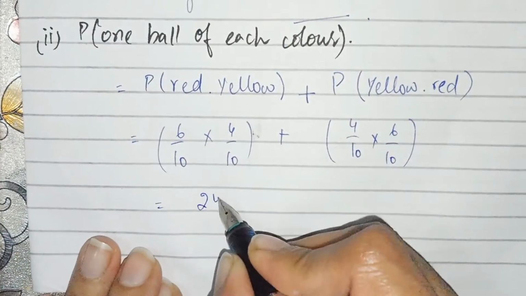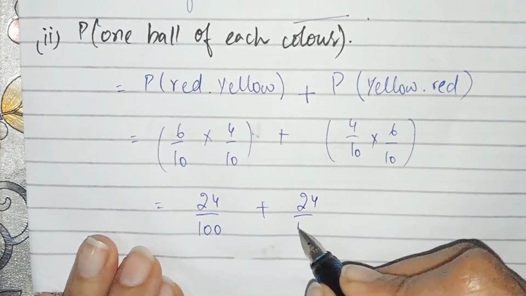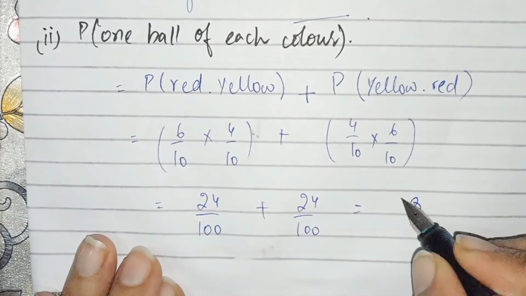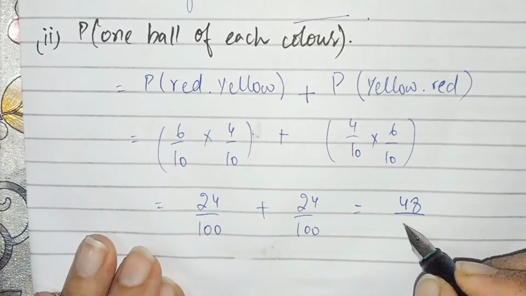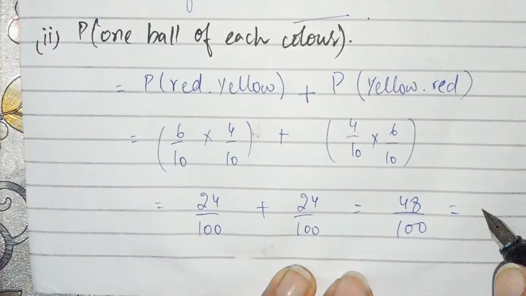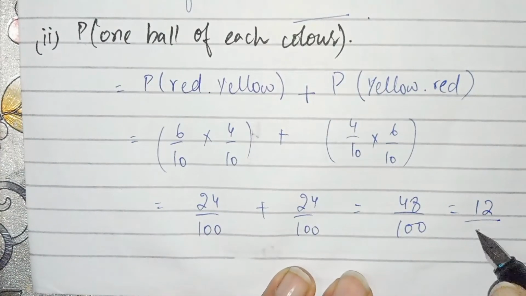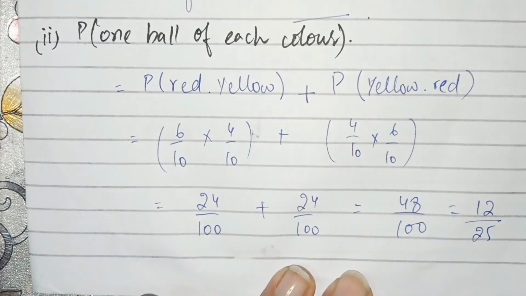We simplify it: 24 by 100 and 24 by 100, giving 48 over 100. It comes in the table of 4: 4 times 12 is 48 and 4 times 25 is 100. And now students, this is the probability of getting one ball of each color.